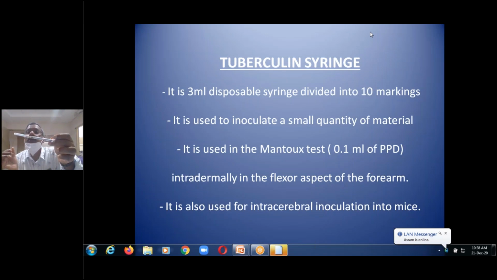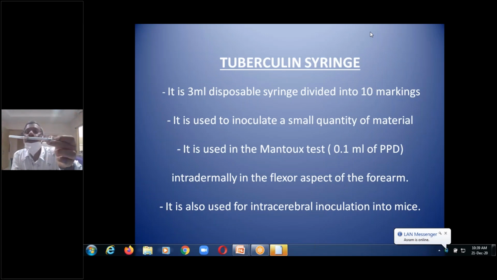We have to inject intradermally in the flexor aspect of the forearm, and after 48 hours, we have to read the result on the flexor aspect of the forearm. This is the spotter of general bacteriology, the tuberculin syringe.